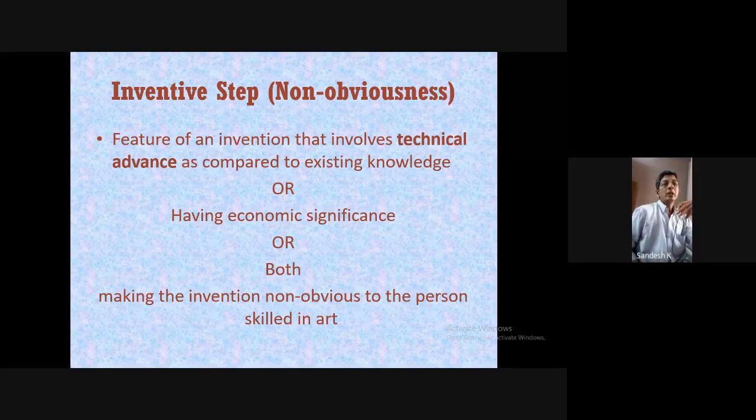Okay, inventive step or non-obviousness. The person who is skilled in the art, I'll give you an example. Most of us belong to the mechanical engineering department. If somebody has been working in this field for years together, he will understand what is novel in this particular field.